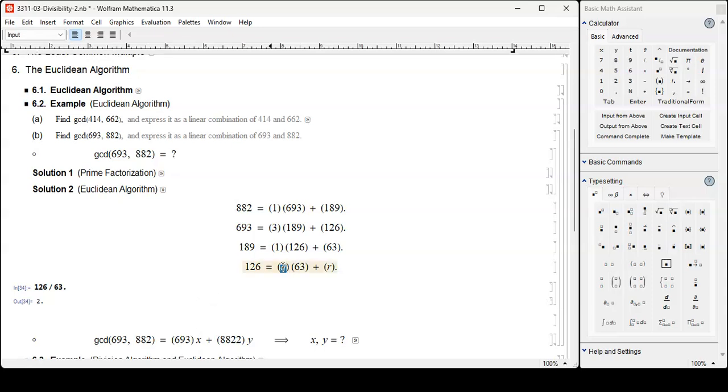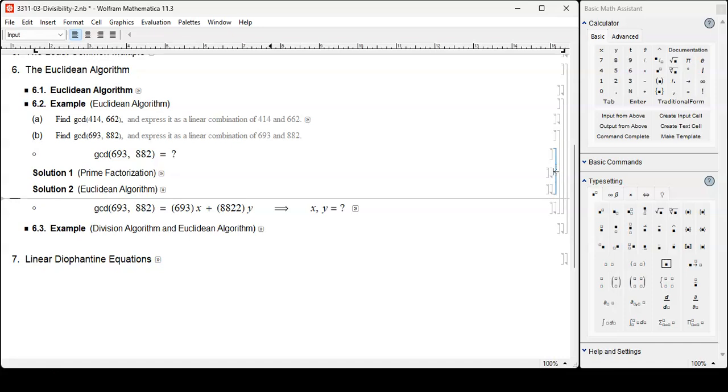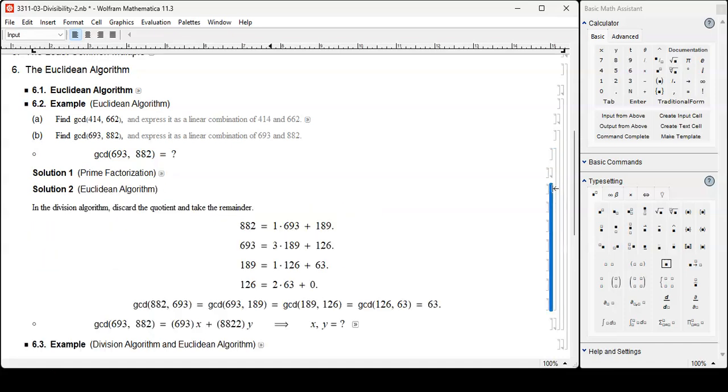So quotient is 2, and no more remainder. We have divisibility. So the 63 here is the answer, the GCD. We saw that before in the prime factorization. And of course, here in my notebook, I have all the solution here as well.